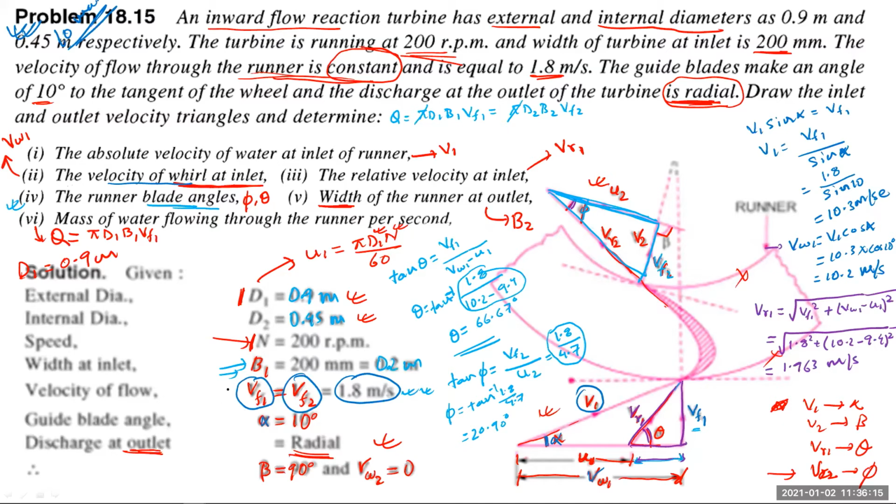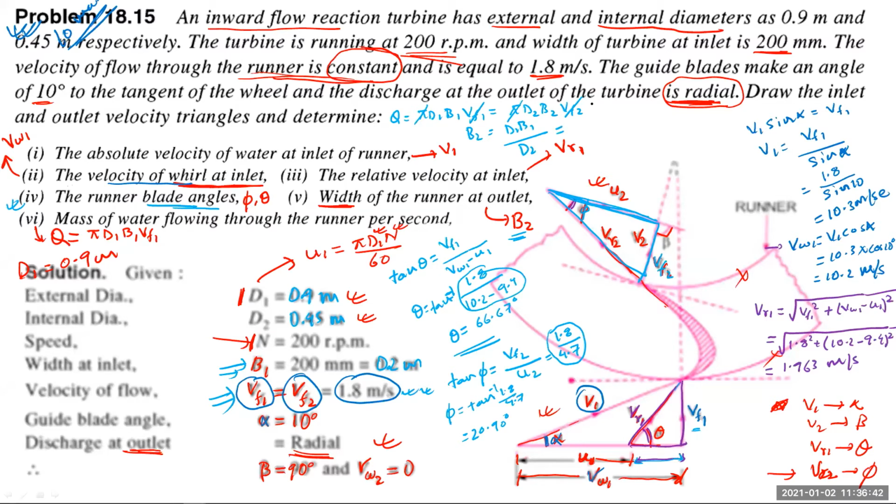Bf1 and Bf2 values are also given. So from here you need to calculate B2. Substitute those values and you will get B2. Here Bf1 equals Bf2, so you can cancel these two terms also. In simple form, B2 equals D1 B1 upon D2.